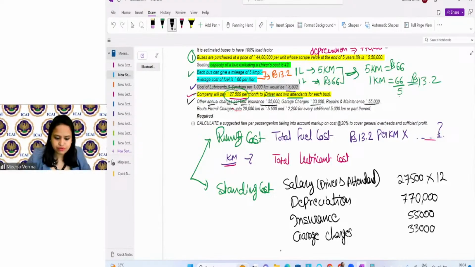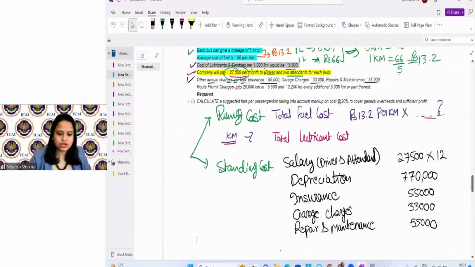Then what else you have? Repair and maintenance. What do you have here? 55. Right. This is the annual charges. What else do you have here?